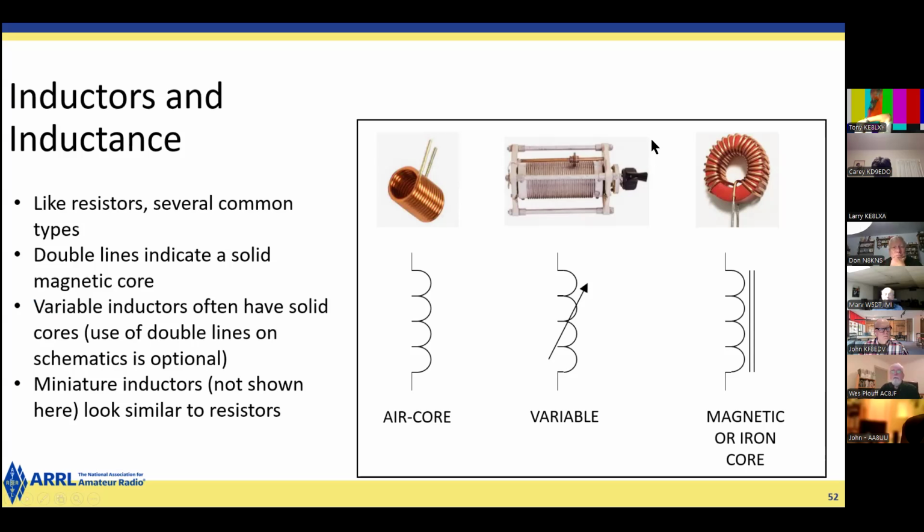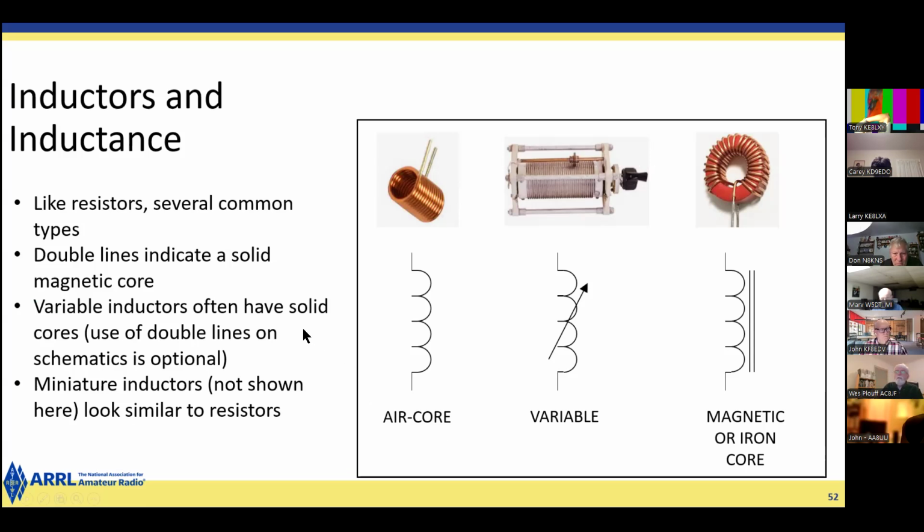So you can see there are these different kinds. Double lines indicate a solid magnetic core, and iron and different iron compounds can boost the inductance of the same number of turns on a coil, depending on something called their permeability.